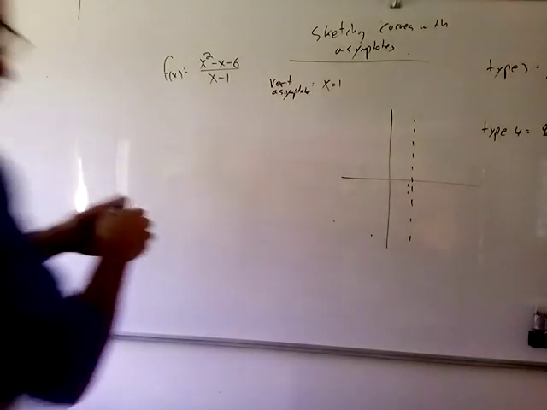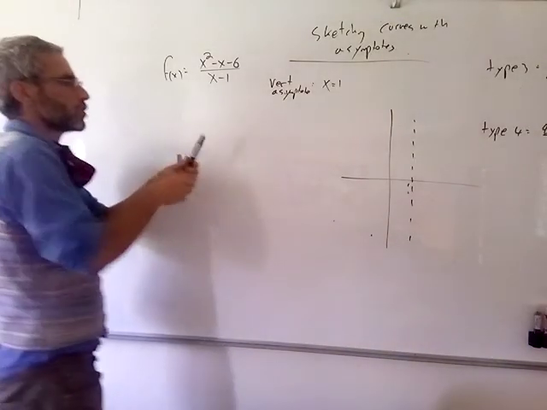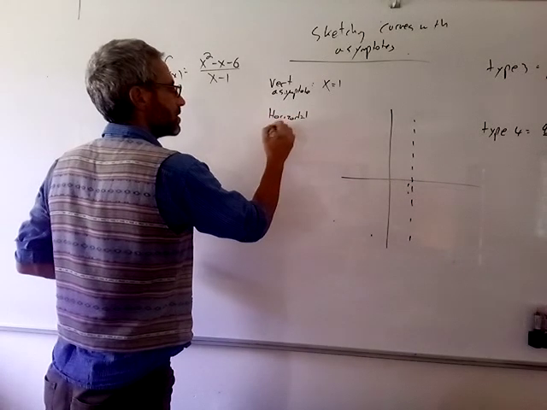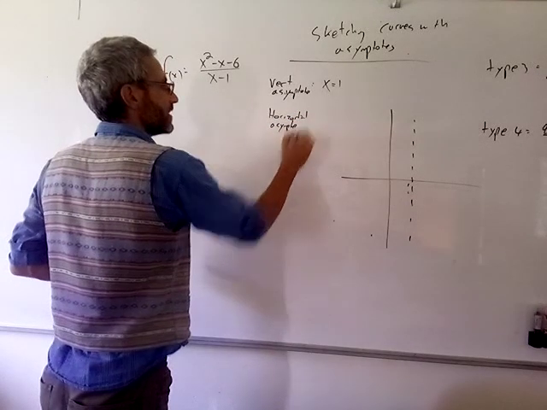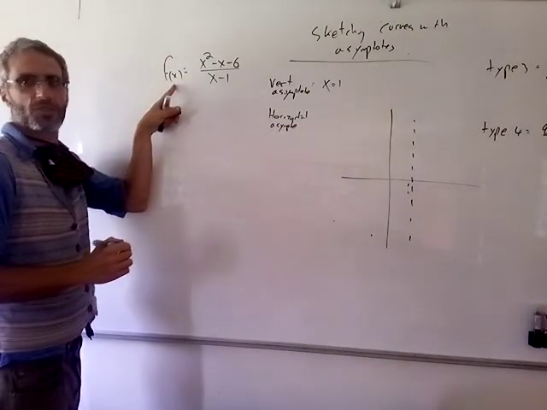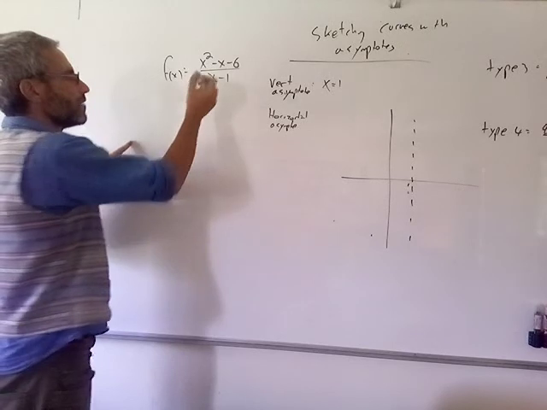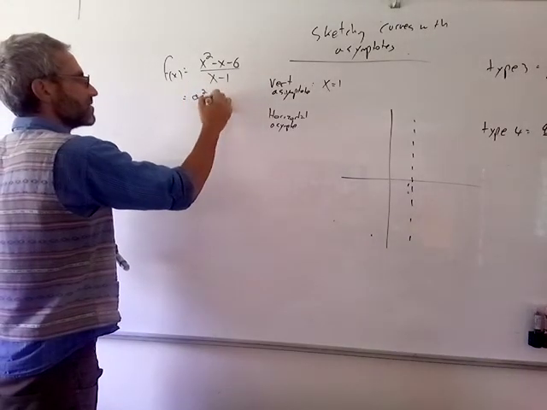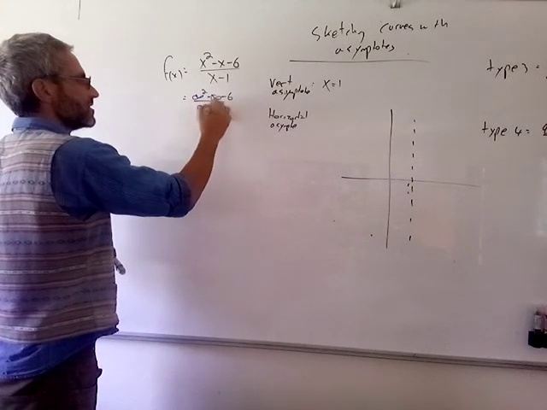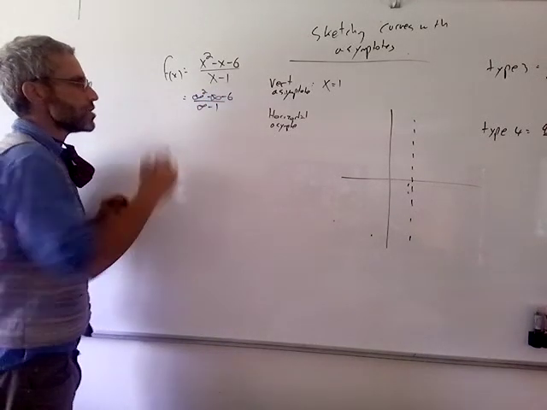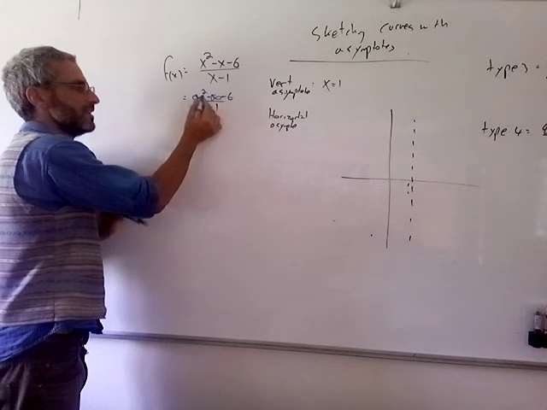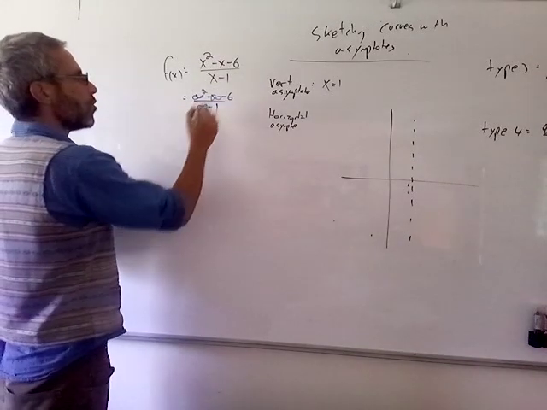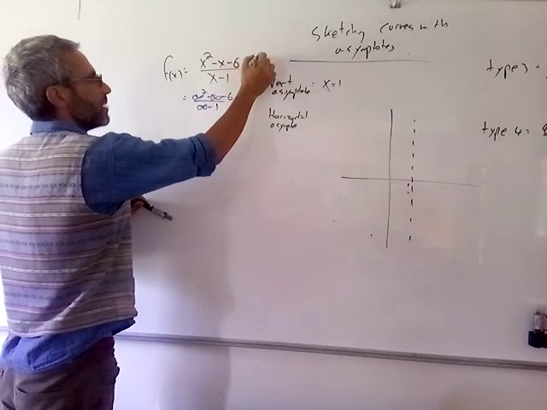If I'm looking for horizontal asymptotes, it's basically, as we said, what happens when x approaches infinity. Naively, I can write it down as infinity squared minus infinity minus 6, divided by infinity minus 1. You can kind of see, as Arne said, that the top is going to beat the bottom. If I do it a bit more formally, I can divide both sides by x squared.